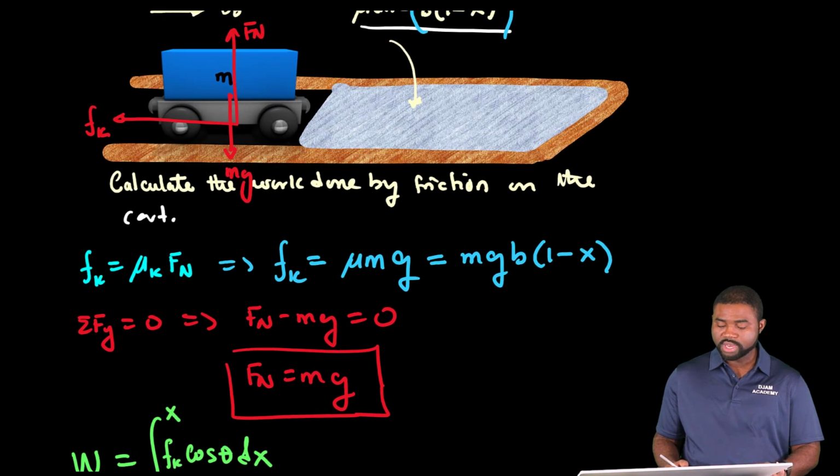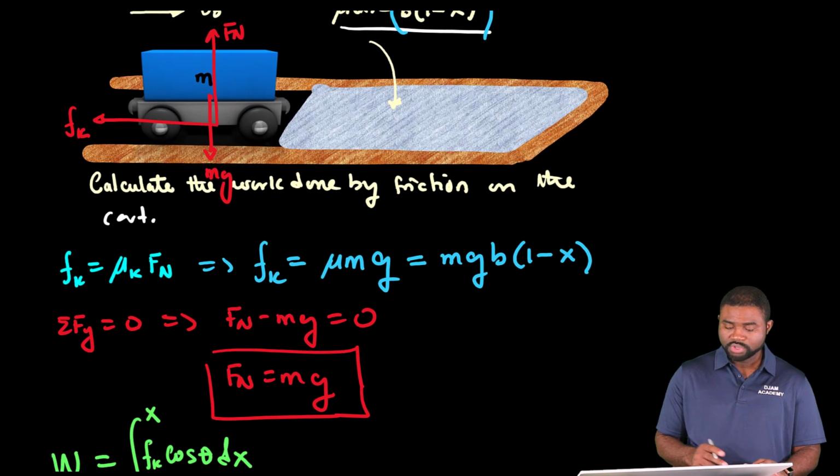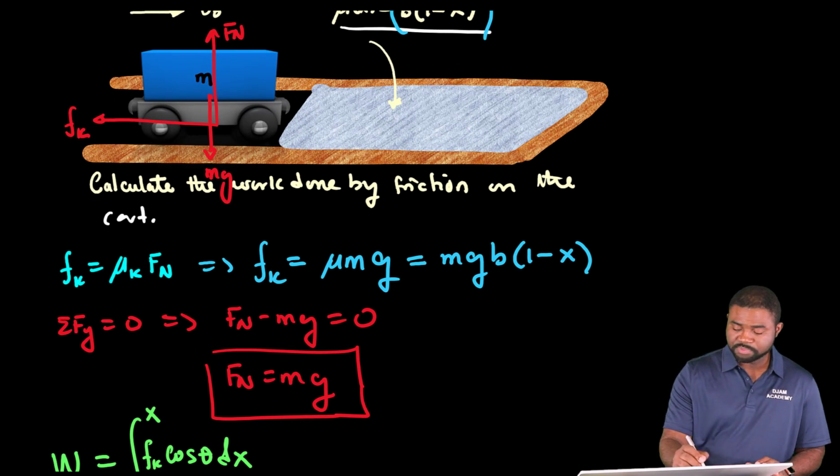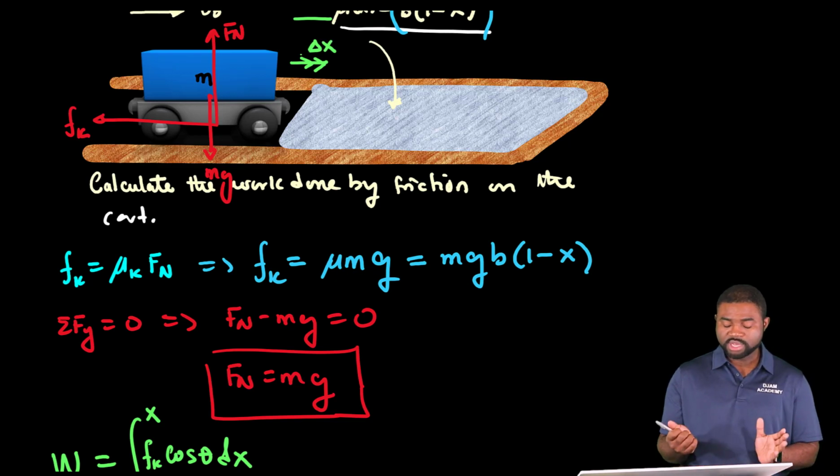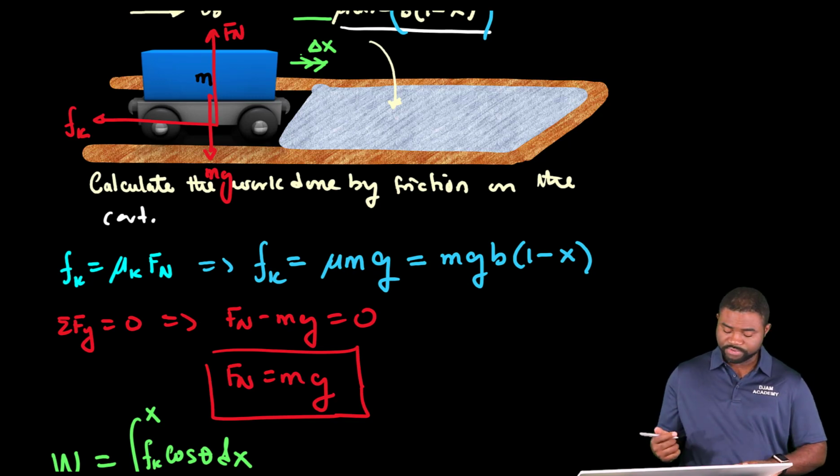Now when you look at this diagram, you recognize that the displacement vector is to the right, but friction is to the left. So the angle between the displacement vector and friction is 180 degrees.